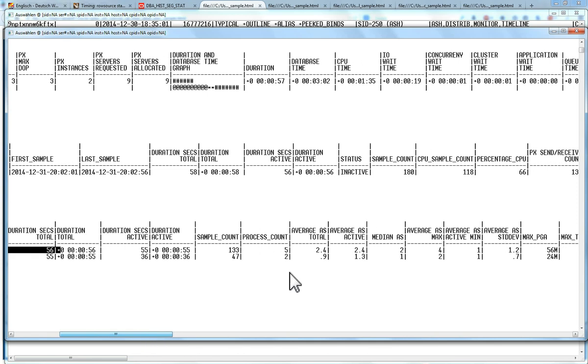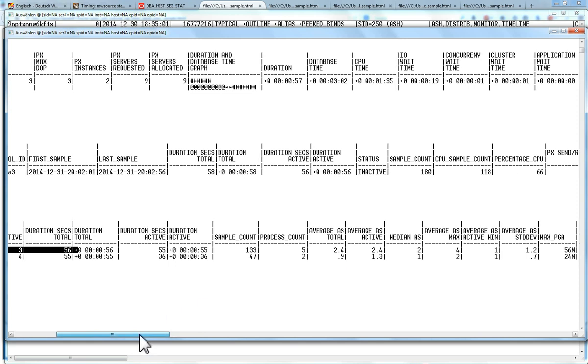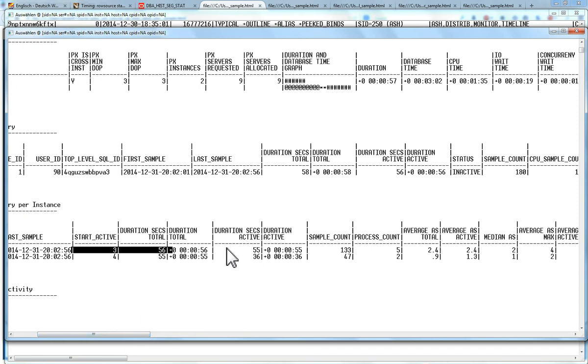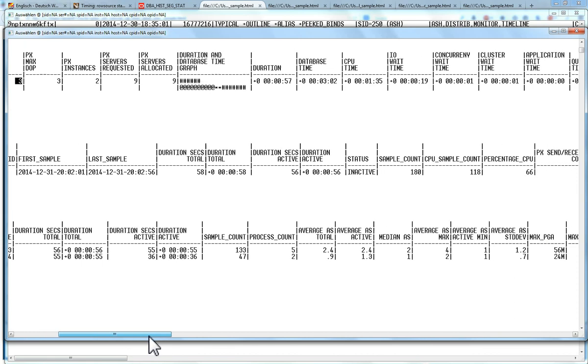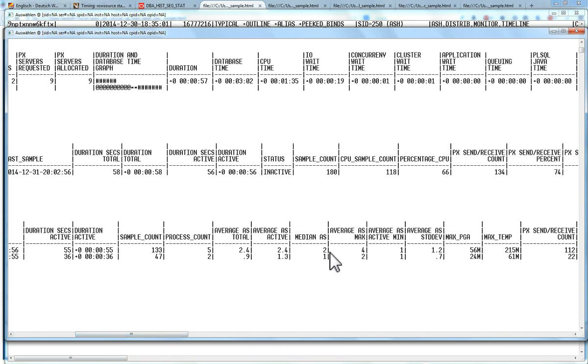We can see here again that this is a case where we have not the same level of activity, which is very obvious in this case, because I used a degree of 3, and if I have to use a degree of 3 across 2 instances, then very likely one of the 2 instances will have to work more than the other.